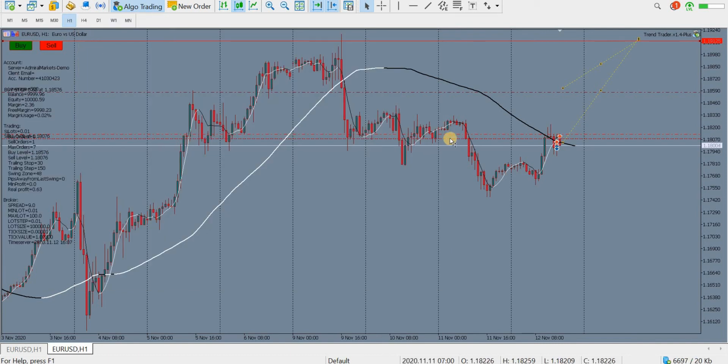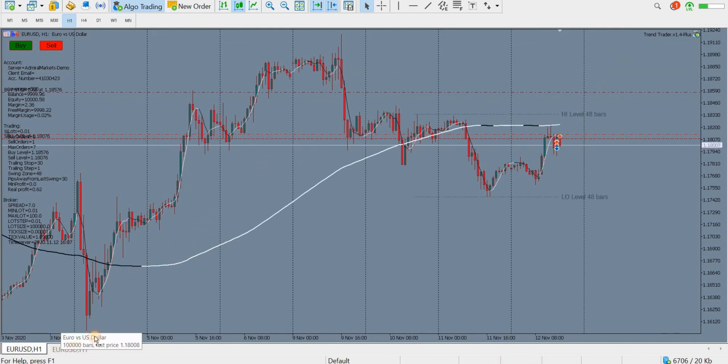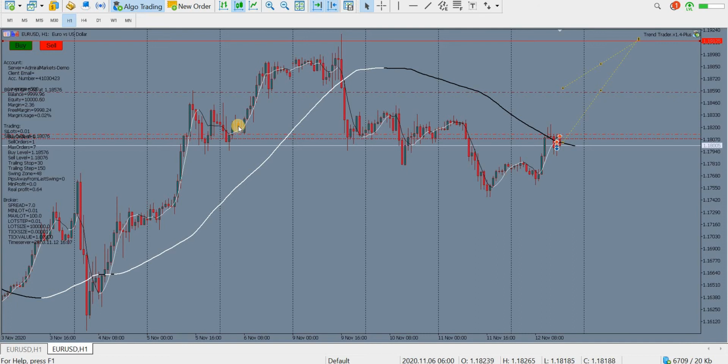So obviously the expert advisor opens a buy. It's the same chart, of course. Let's say the expert advisor opens a buy right here, because the signal color changed from black into white. You maybe want the expert advisor to close this order when the signal changes the color again from white into black.